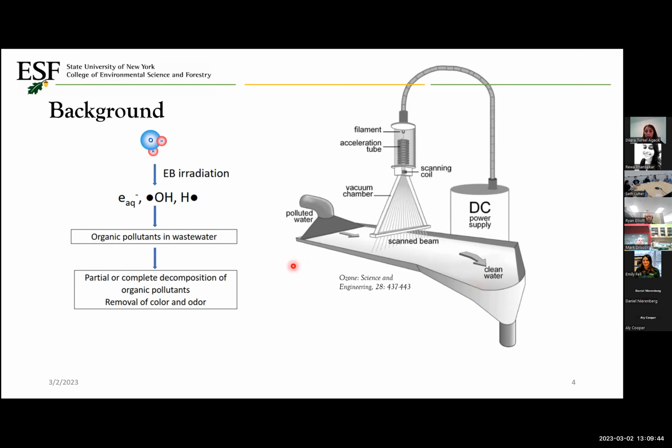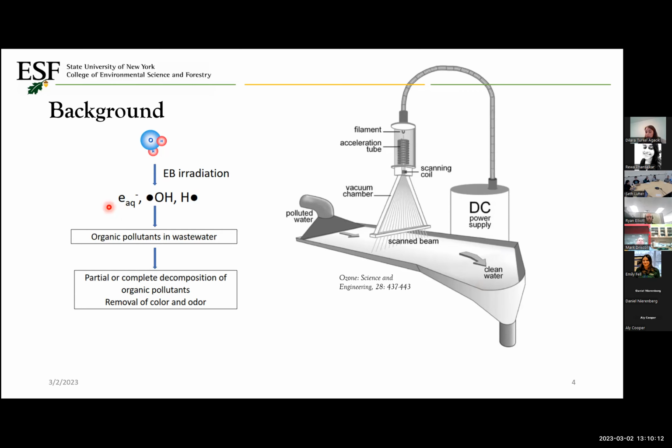So what is electron beam treatment? In this method, high energy electrons react with water molecules and lead to the radiolysis of water, resulting in the formation of highly reactive intermediate species, which are hydrated electrons, OH free radicals, and hydrogen atoms.